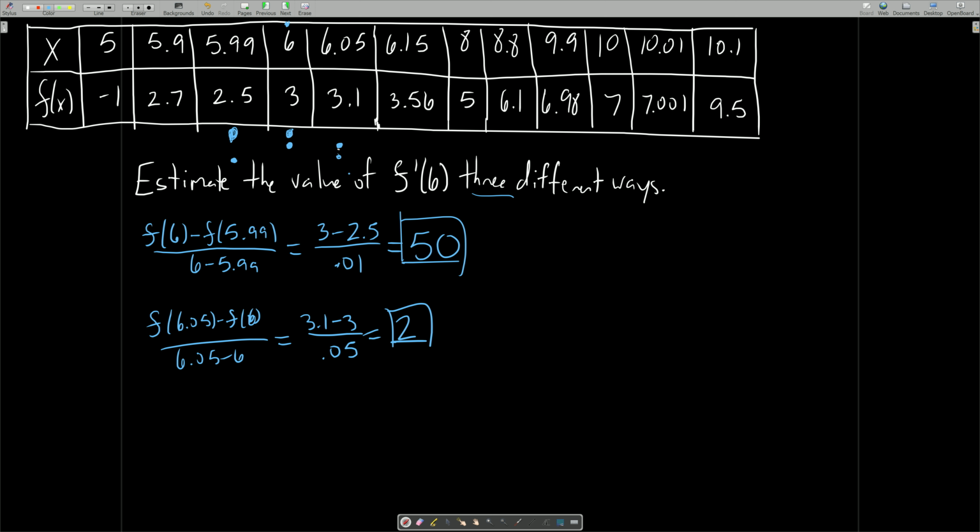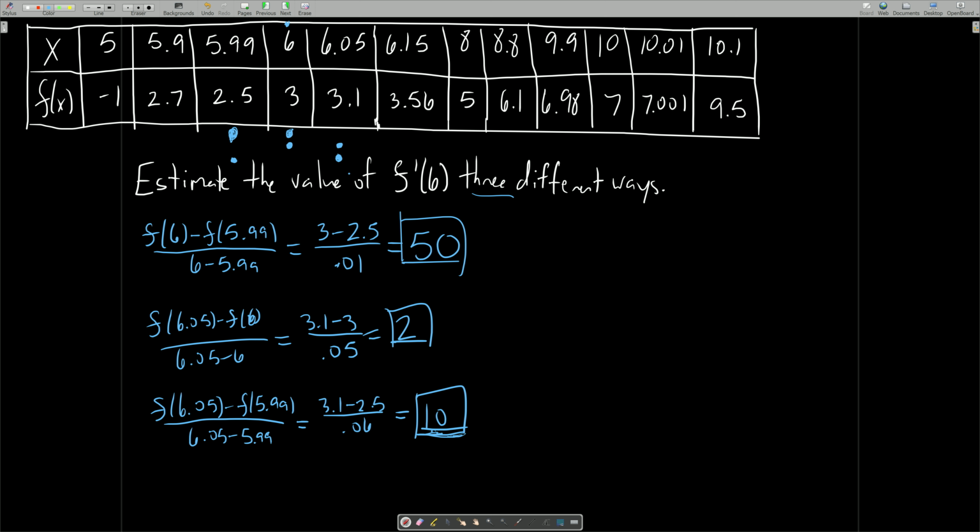Now another way is by using the values around 6, so 5.99 and 6.05. And plug those values in as well. I think that will give you a slope of 10. So we have these values really close to 6. We evaluated it three different ways. We got wildly different answers. We got 50, 2, and 10.